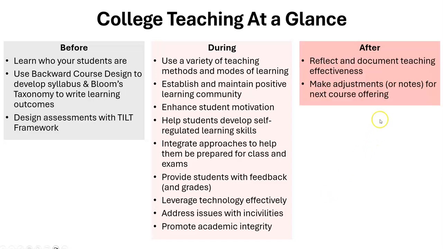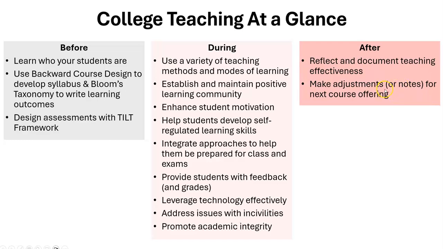And then when it's over, I hope that you'll take time to reflect and document teaching effectiveness. Sometimes that is done through those student teaching evaluations. Perhaps it's through your own self-reflection, or maybe you had some sort of peer teaching observation and you can reflect. And then you'll need to make adjustments for the next course offering.